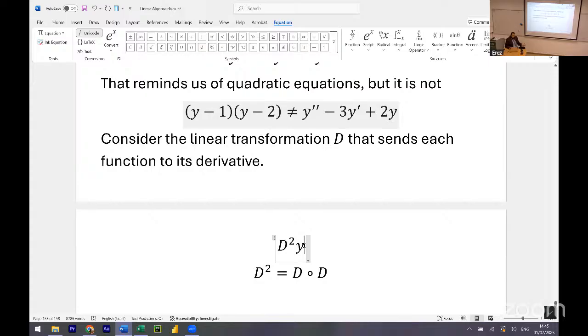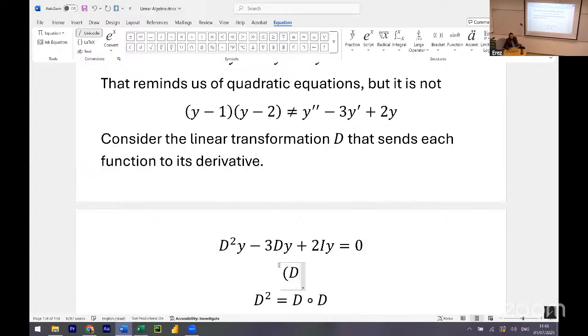So it's D squared y minus 3 times Dy plus, what would be the function here that applies to y? I y, exactly. It's the identity. Plus 2 times the identity y equals 0. And now we can say it's D squared minus 3D plus 2I times y equals 0.